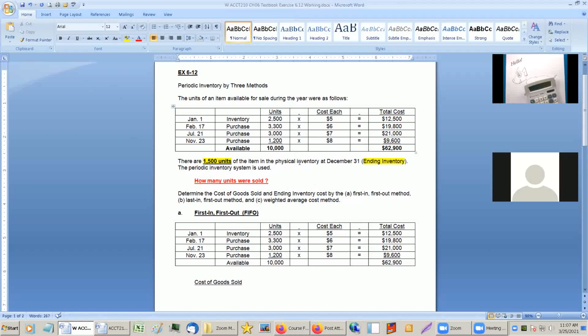So we can't figure out the dollar sales, but how many units were sold from this? Anyone?